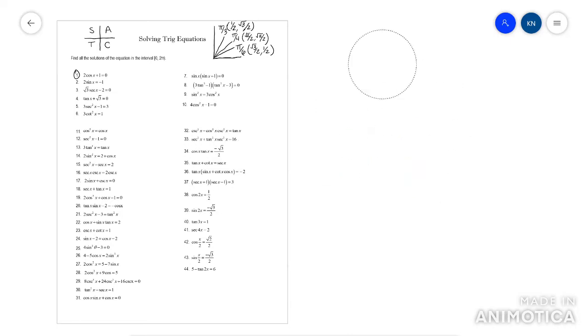Let's look at another. Look at number 2. 2 sine x equals -1. It doesn't equal 0, but that's okay because they basically made my first solving move for me. So in this scenario, I would just be dividing by 2 next to isolate my sine. Then I would be inverse sining.